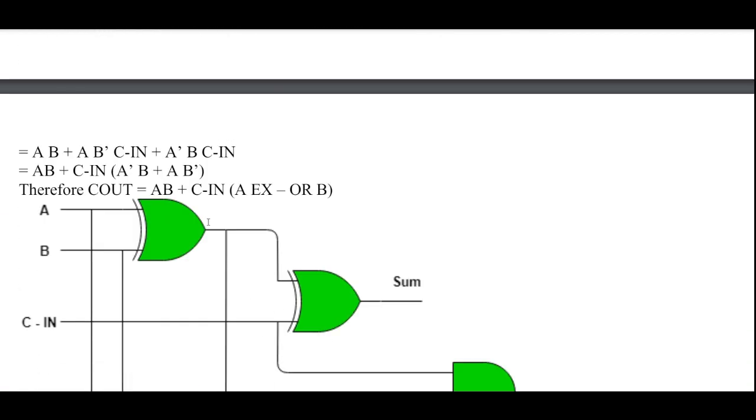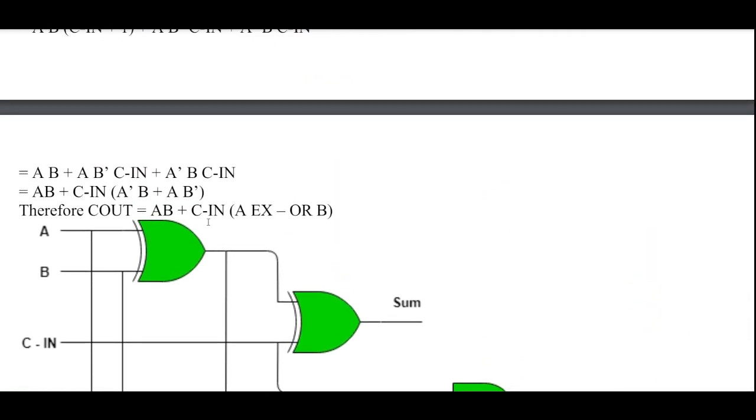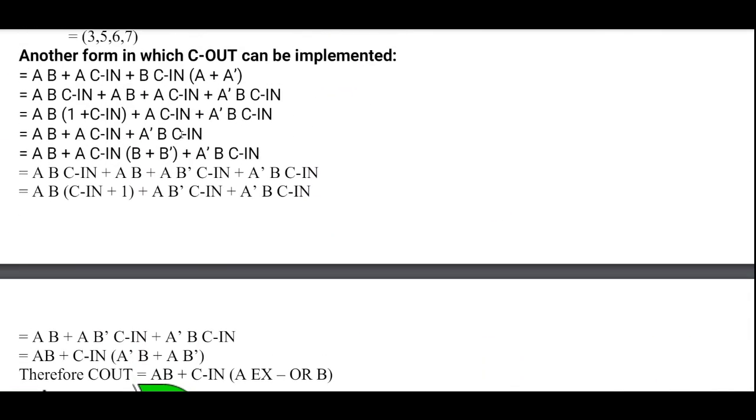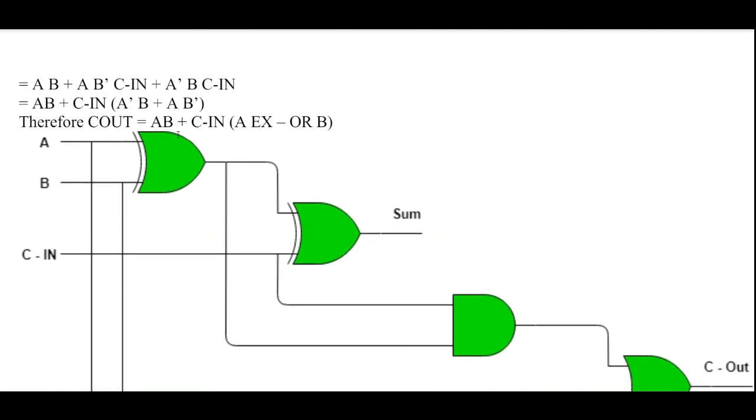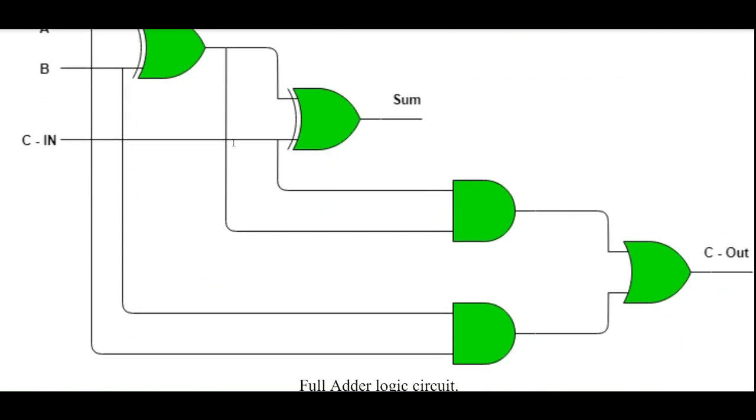So I suggest you study this: we need to get the C out as AB plus C into (A XOR B). AB plus C into (A XOR B).